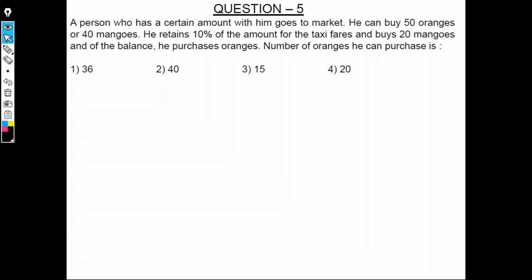Right, Shivaji. Good. Right, right, right. Good, good, good. All are correct. All are correct, Krishan. All are correct.